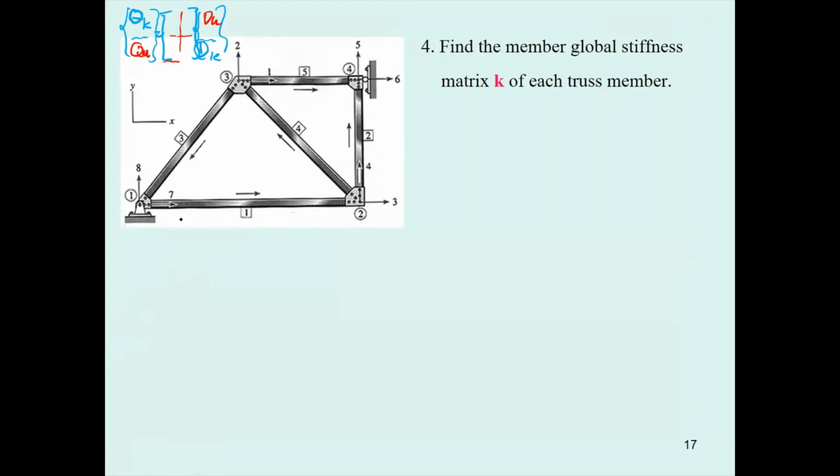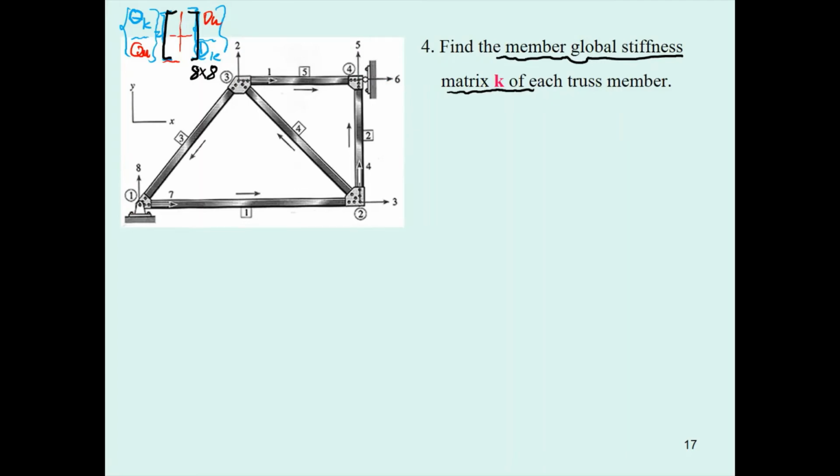This is going to be one important thing. Now, what stiffness matrix? The truss stiffness matrix will have the size of degree of freedom by degree of freedom. But this is the truss stiffness matrix, and it must be determined from the member global stiffness matrix k. This is an important one.